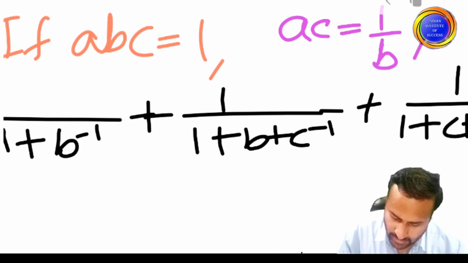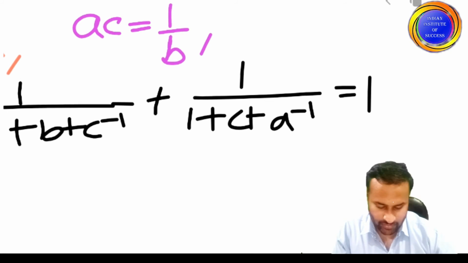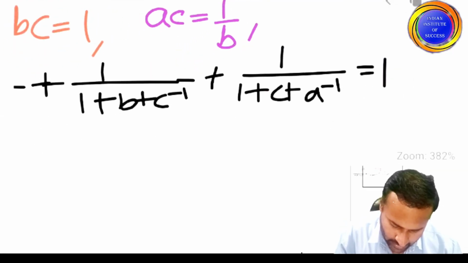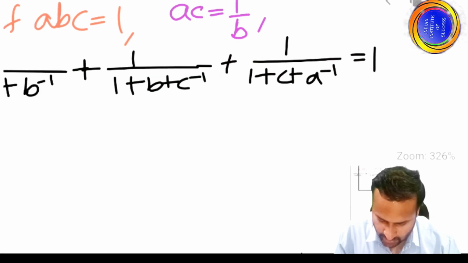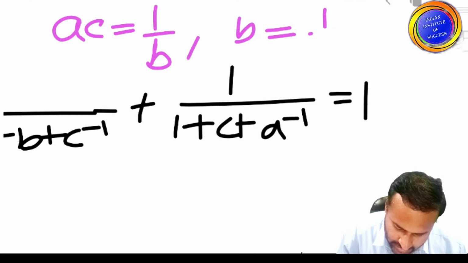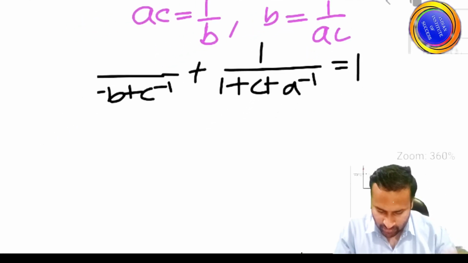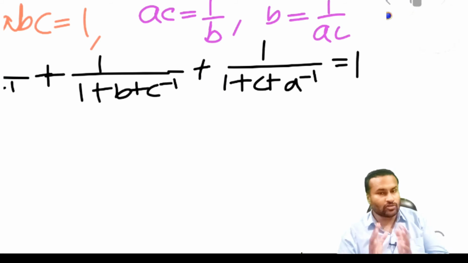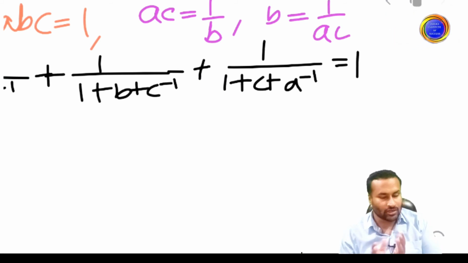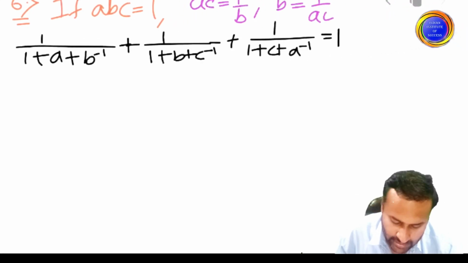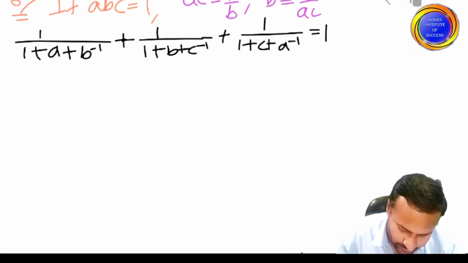So 1 upon b equals ac, and b equals 1 upon ac. Wherever we saw b, we will replace it by these terms.